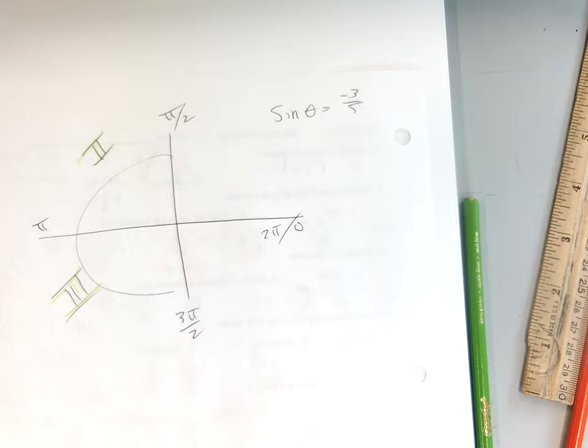Now let's see why it's got to be quadrant 3. Okay? So the sine of any angle is always going to be like the y value, isn't it? This one's the y over r. I'm sorry, over r.